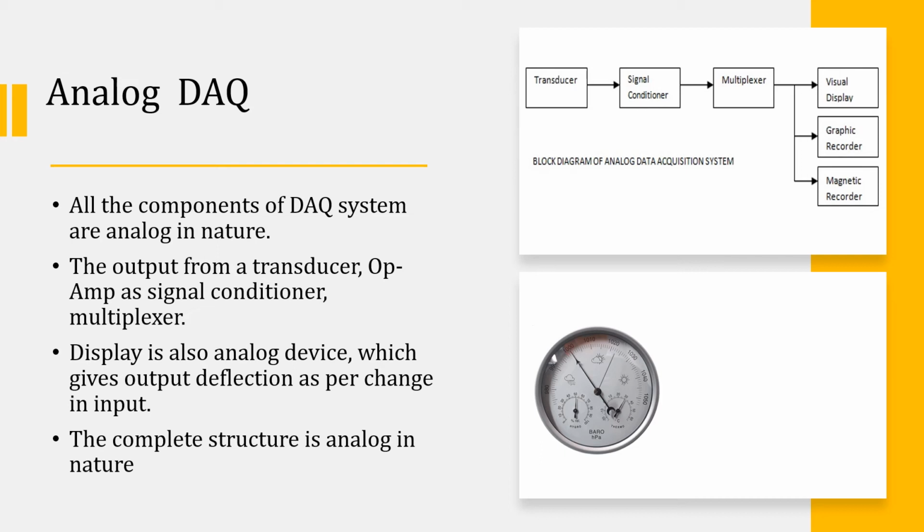The output of the op-amp is given to some multiplexer where it can be manipulated, stored, and or it can be multiplexed with some other signals also. And finally we are giving that same analog signal to some visual display or graphic recorder or even magnetic recorder for the storage purpose. So when the complete structure is analogous in nature, we say that data acquisition is analog data acquisition.